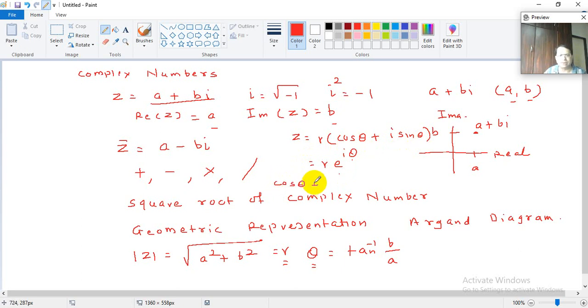This is just in your syllabus. You are not interested in proving this at this moment. Whenever you study the induction method, you will study this. So (cos theta plus i sin theta) raised to n is cos n theta plus i sin n theta. All such things we have done in this chapter.